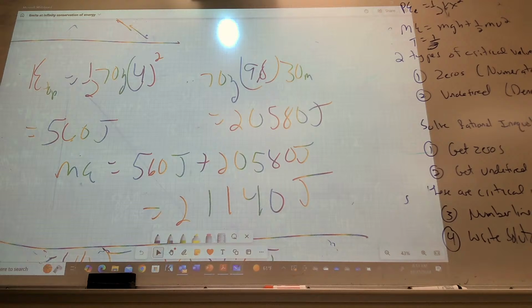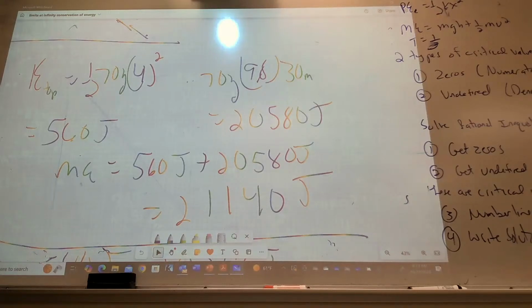So potential energy in the middle is half of it, just because you're halfway. Potential energy is mgh, where h is half. So that's why it's half. And then for mechanical energy in the middle, you have to subtract the work done by friction. So we take our mechanical energy and subtract 1,200 joules for friction.